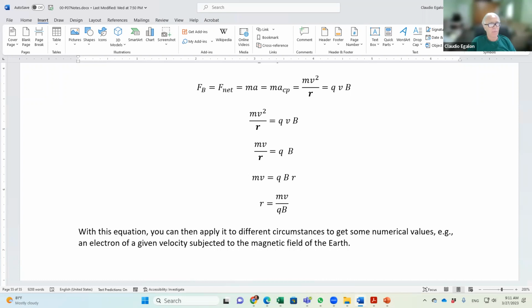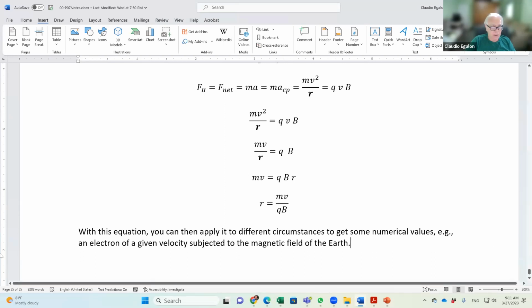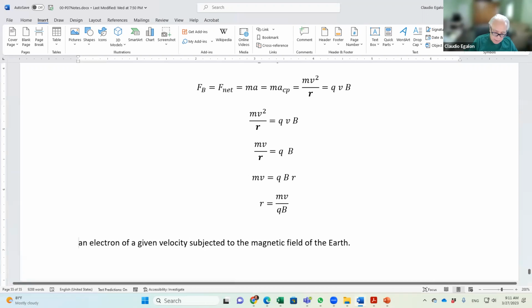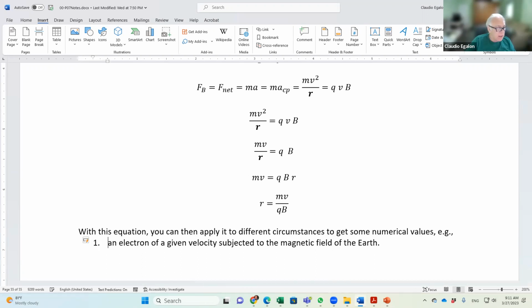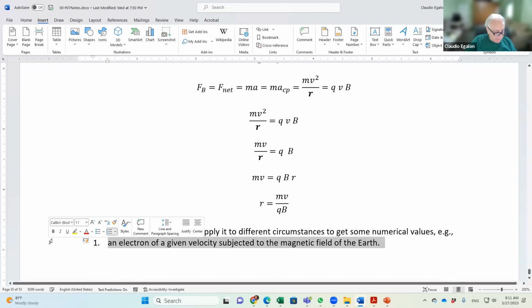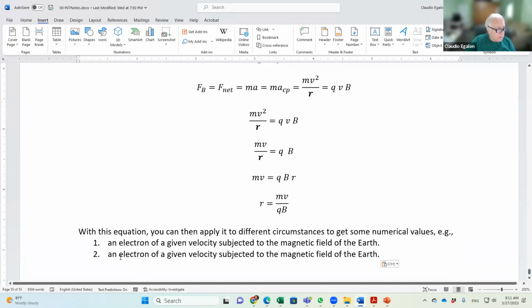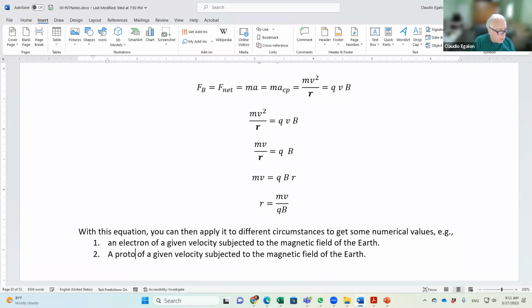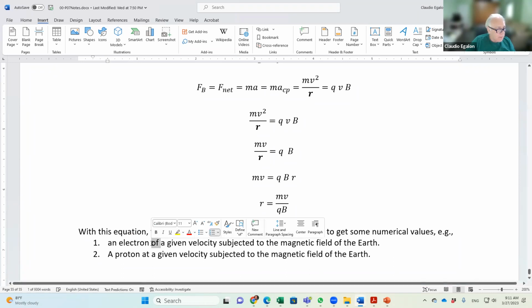That can also be done. It doesn't have to be an electron, it can be any other charged particle, a proton at a given velocity, subject to the magnetic field of the Earth.